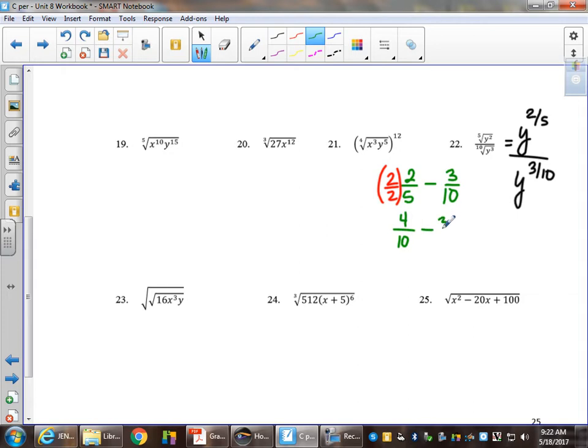This is still the same. Now can I perform that subtraction? And get 1/10. So my answer, is my answer 1/10? Y to the 1/10. Is that done? Yes. If it had come out to be negative 1/10, would it have been done? No, I need to bring that term to the denominator.